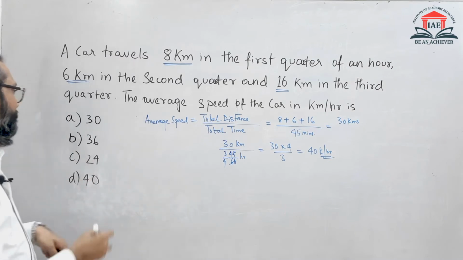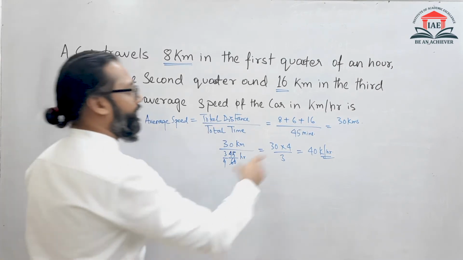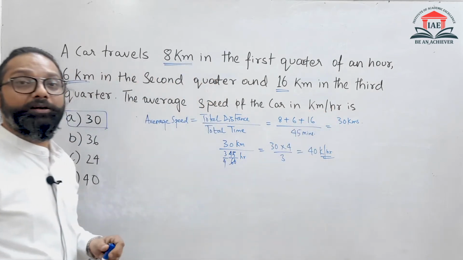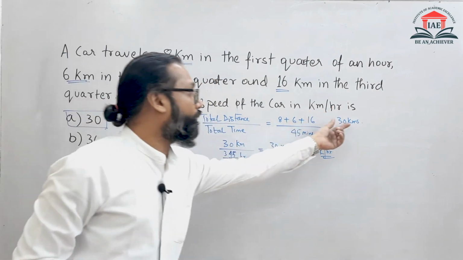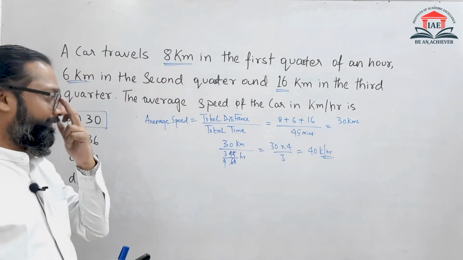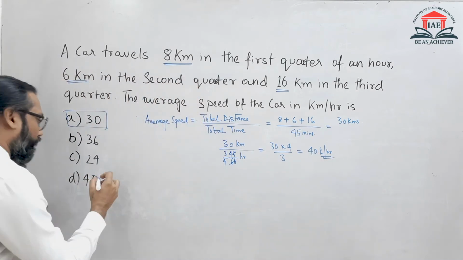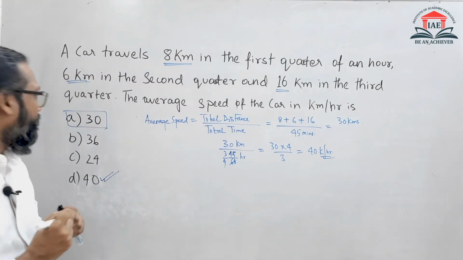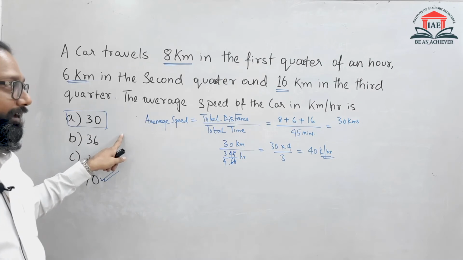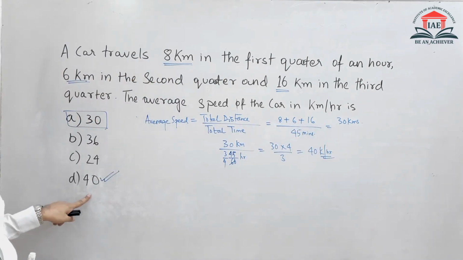I've seen people marking 30. Mind it, they have asked speed in kilometers per hour and not kilometers per 45 minutes. So average speed would be 40 kph. That is option D fits in and not option A. It looks like it is 30 kilometers per hour, but it is 40 kilometers per hour.